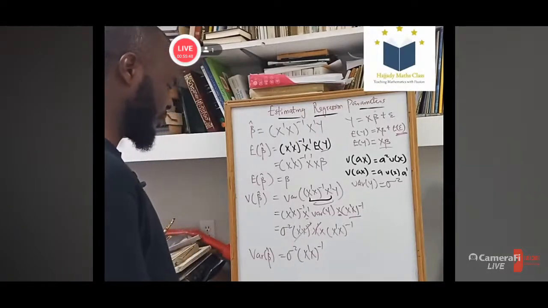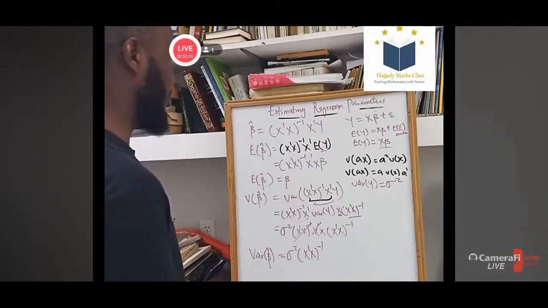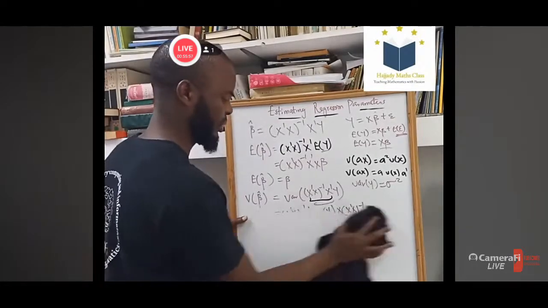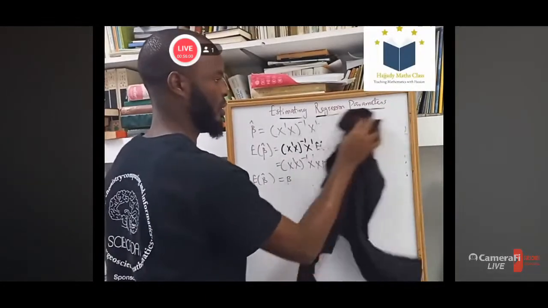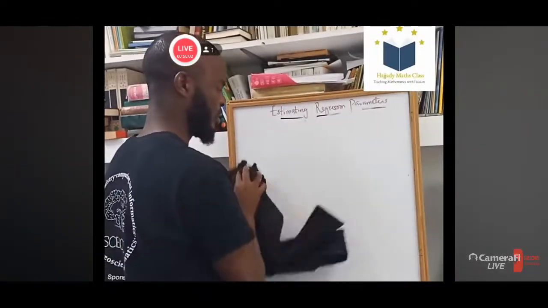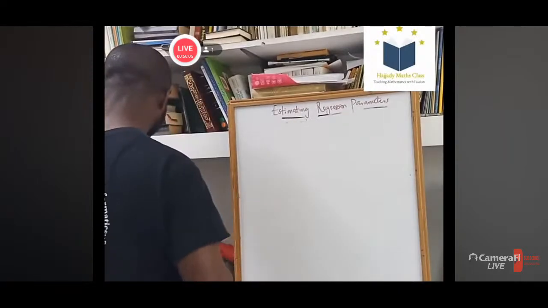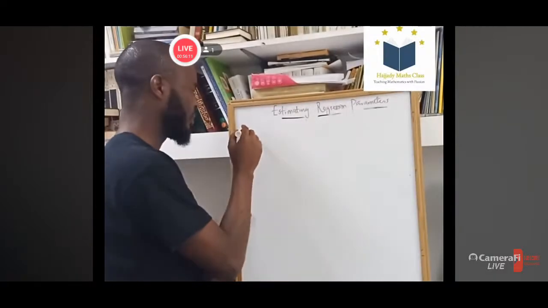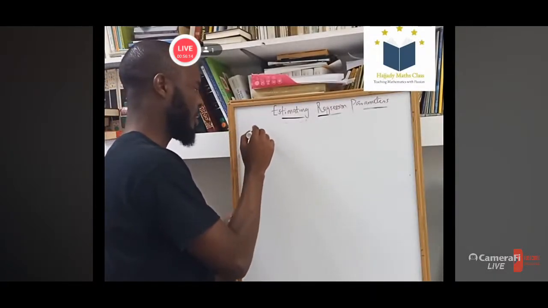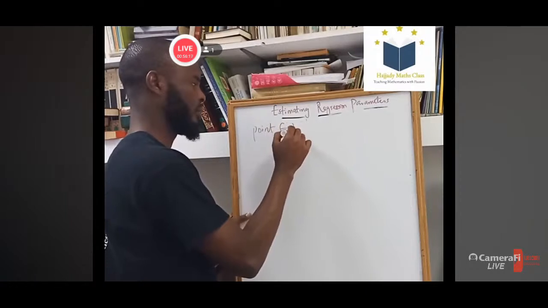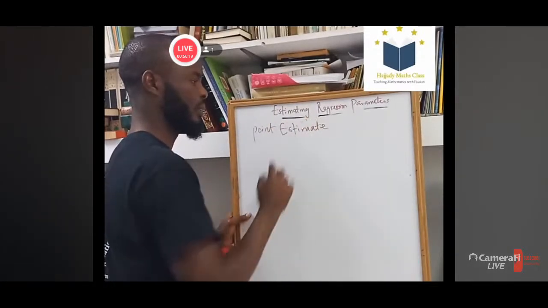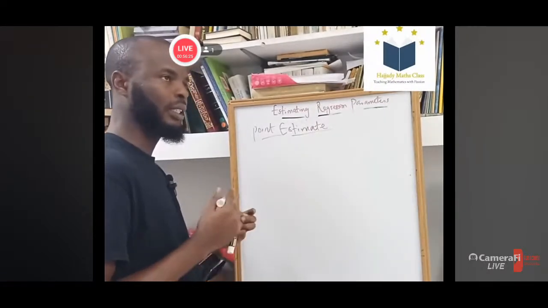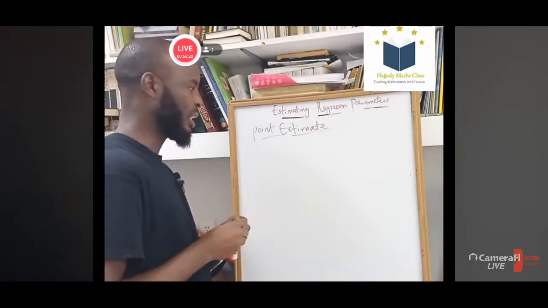And lastly, is looking at the point estimate of our parameter beta. I'm going to clean this. So for the point estimate, the rule is that you have the parameter you want to take.